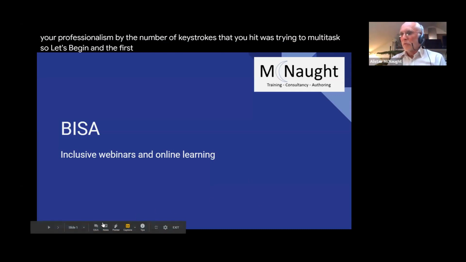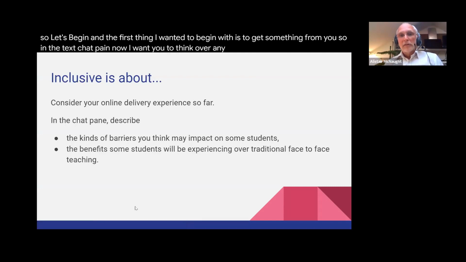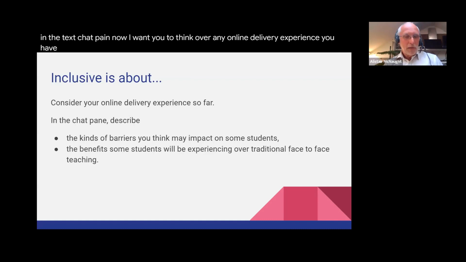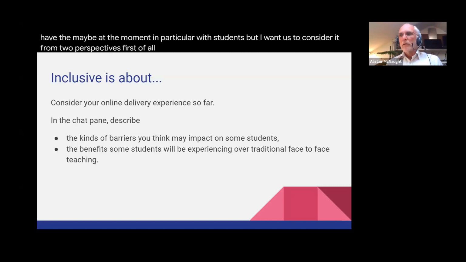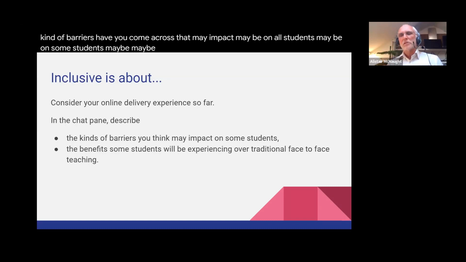And the first thing I want to begin with is to get something from you. So in the text chat pane now, I want you to think over any online delivery experience you have at the moment, in particular with students, but I want us to consider it from two perspectives. First of all, a barrier. What kind of barriers have you come across that may impact on all students, maybe on some students, maybe students with disabilities, maybe students without disabilities?